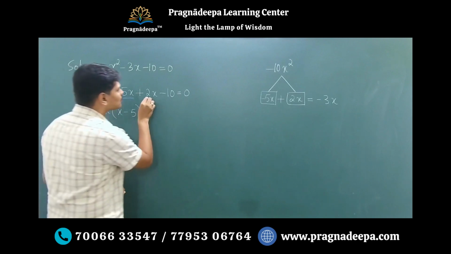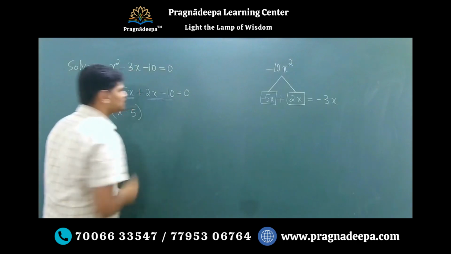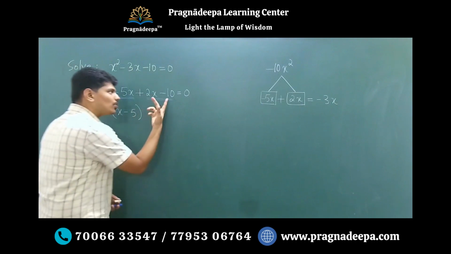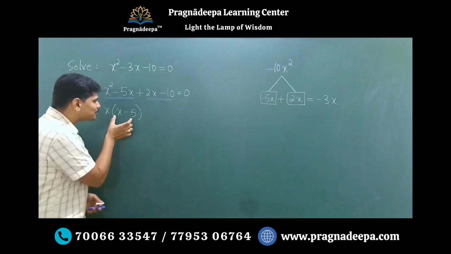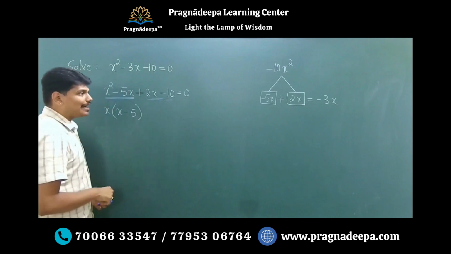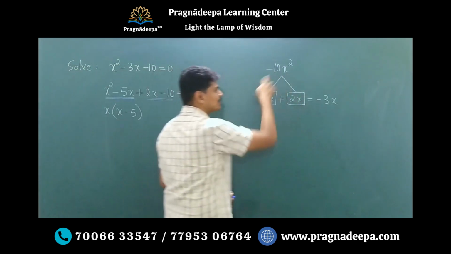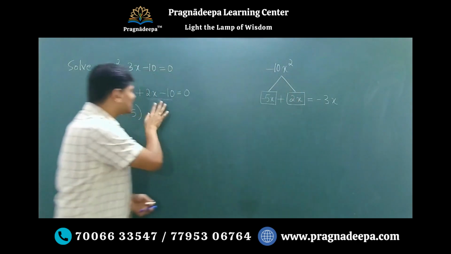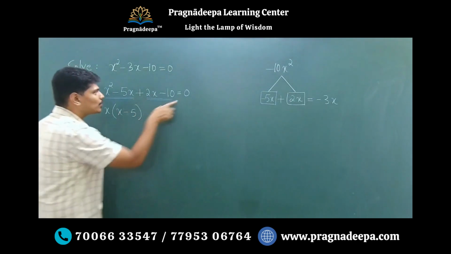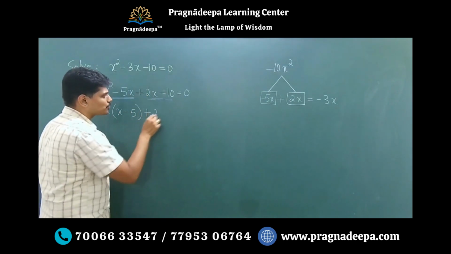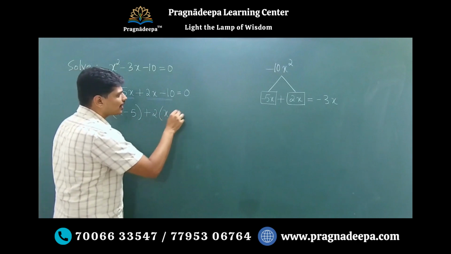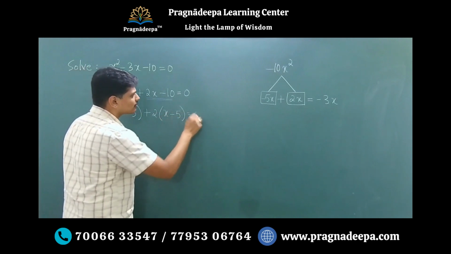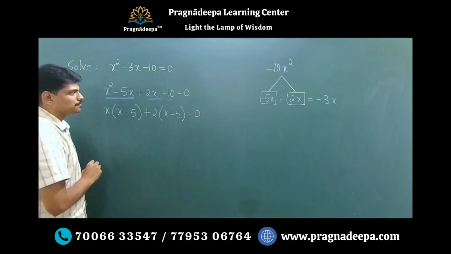Next, observe the next two terms. Here, we must take a common factor such that x minus 5 is left. And if you have done this factorization correctly, then you will get that. Now see, if I take plus 2 common, students, I will get x minus 5 is equal to 0.